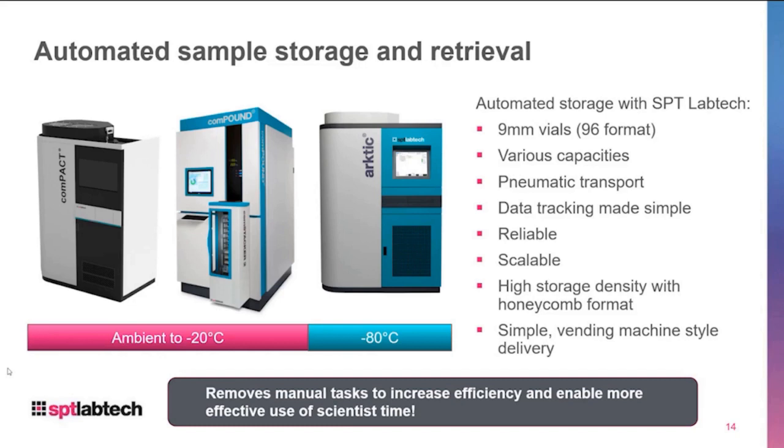And one other thing that's a little bit more unique about SPT Labtech in this case is we don't store the actual racks of samples, we store the tubes individually. This provides a really high storage density in a honeycomb format that enables labs to get the most out of their footprint, and walk up, simple vending machine style. If you need a few tubes, walk up, type in the barcodes in the system, get what you need.